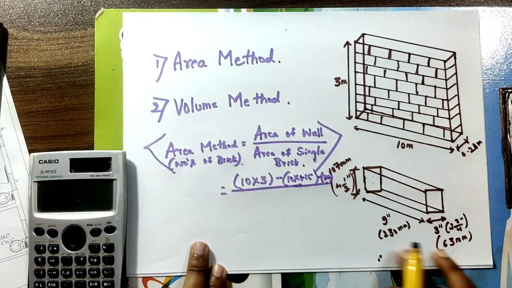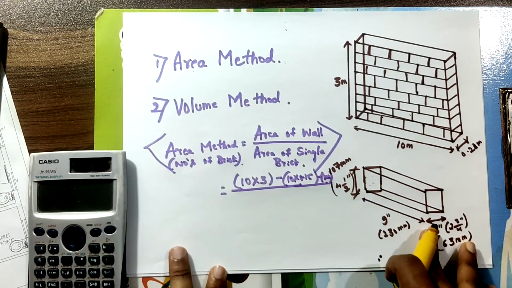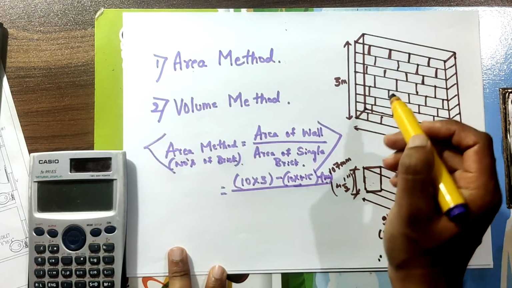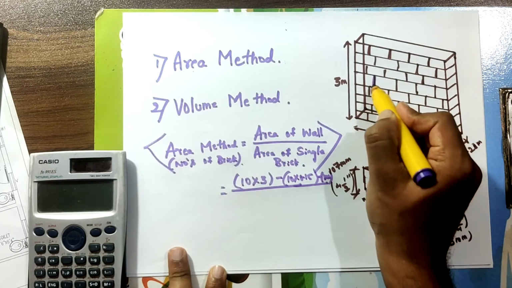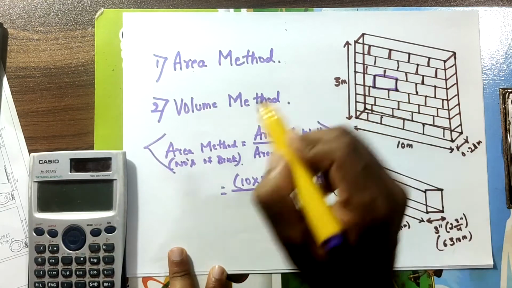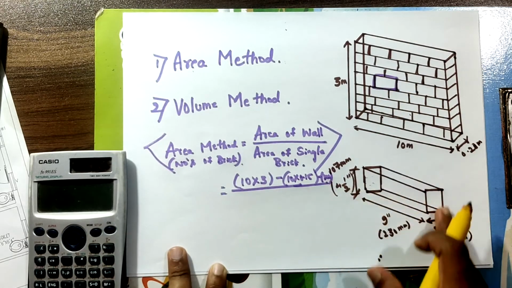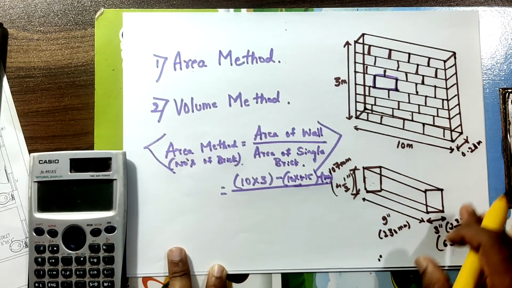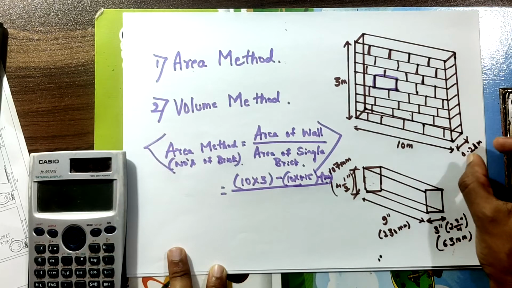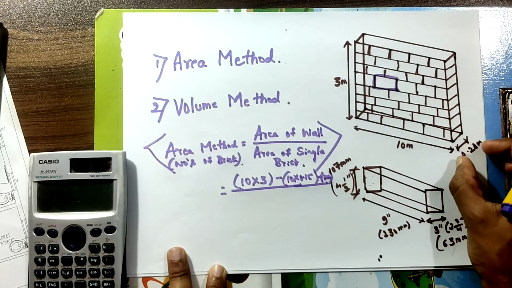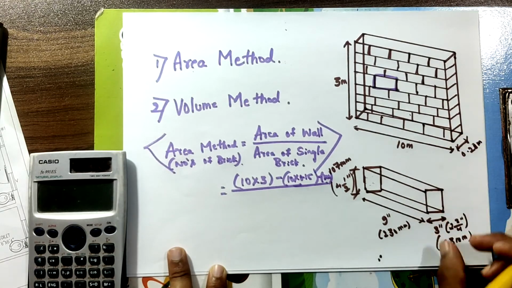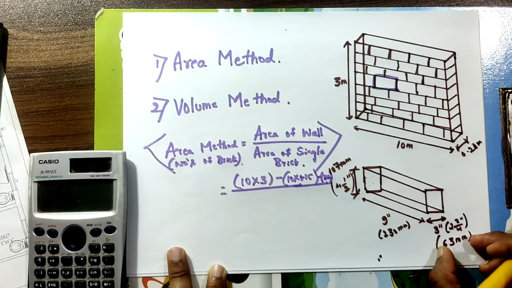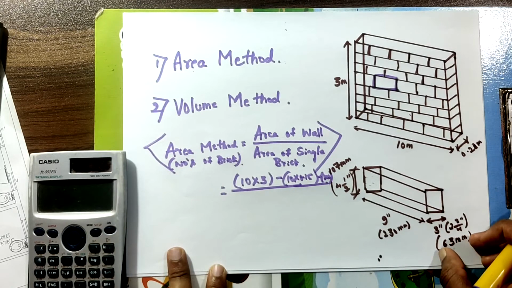For calculating the area of brick, you need to consider the mortar thickness also. Within this, the mortar all around will be considered. That means this mortar length you need to consider. Here we are considering 230 mm thickness of wall. That is why we need to consider 63 plus mortar thickness.